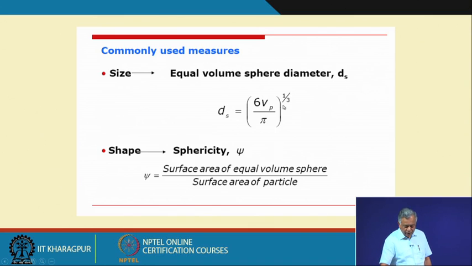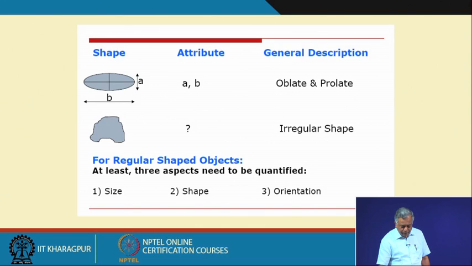and it comes from the basic volume calculation of spherical particles. Now, once I know the ds, I can calculate what would be the surface area of the equal volume sphere. That means, for this particle, what will be the surface area of that, and what is the surface area of my particle whose shape I do not know.